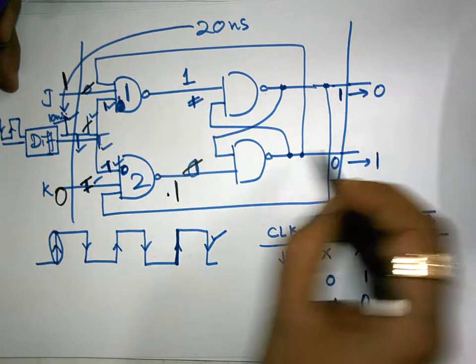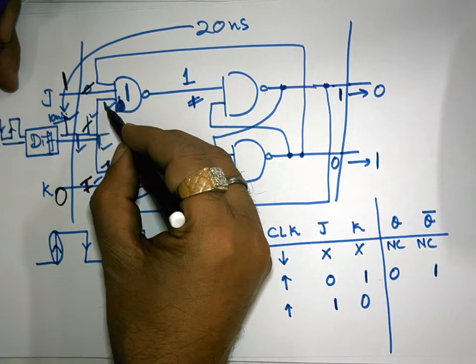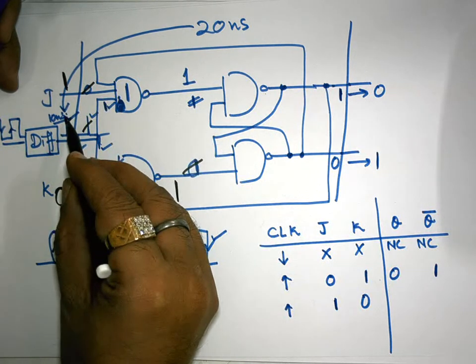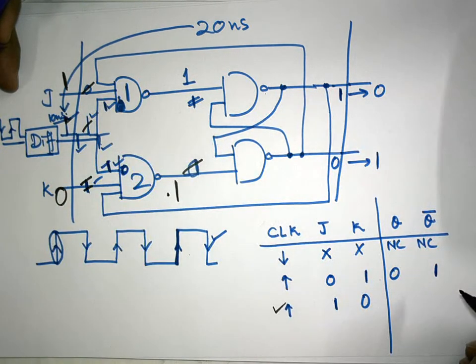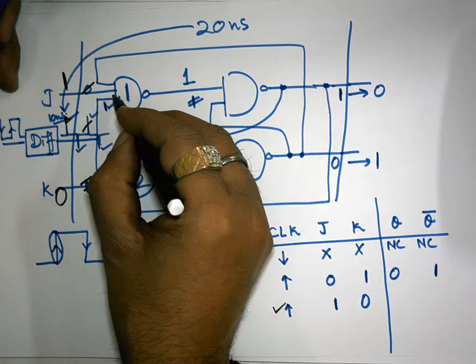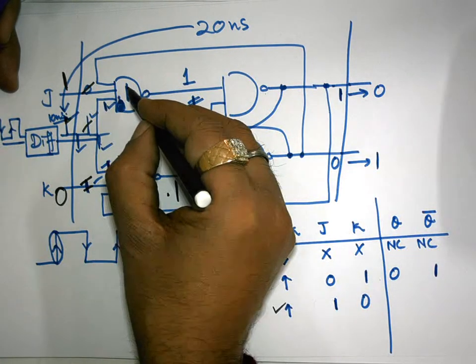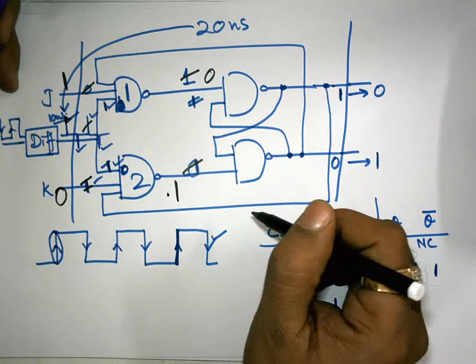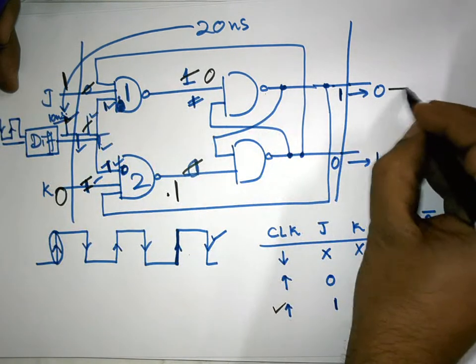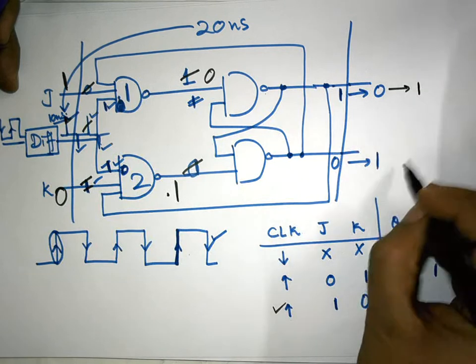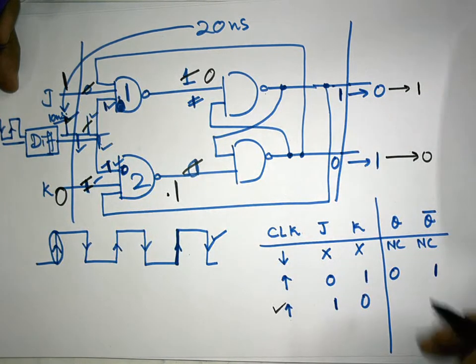Suppose the rising edge is here, 1 and 1, we have to wait for the other input also. This is 1 and it is making it 0, and this 0 1 is making this output equal to 1 and this output equal to 0. This means it happens like this. Okay.